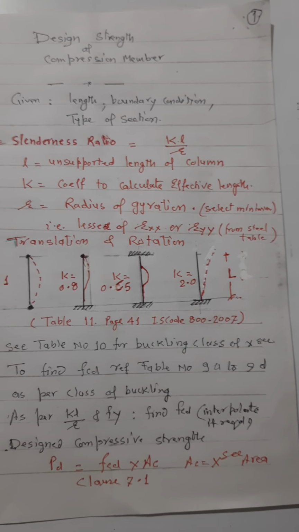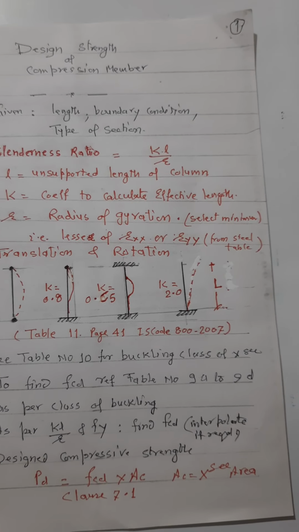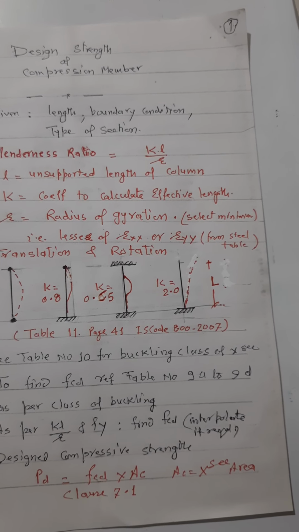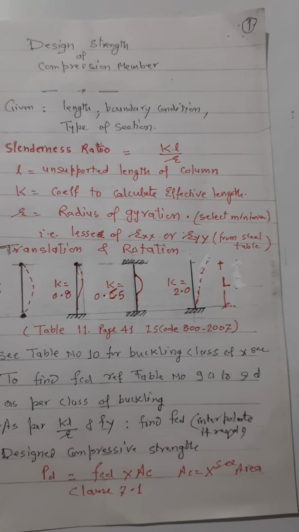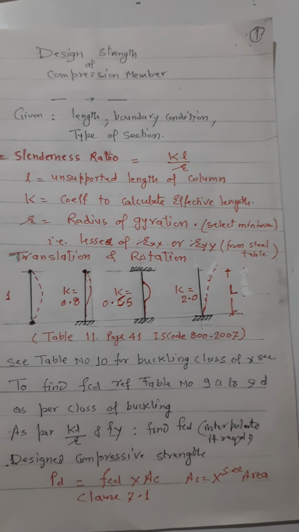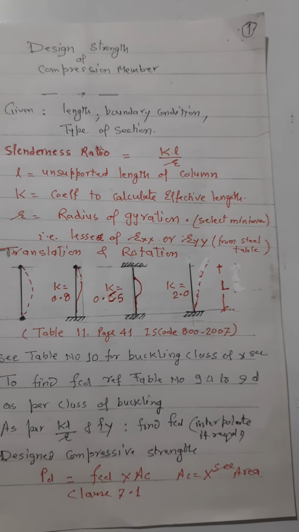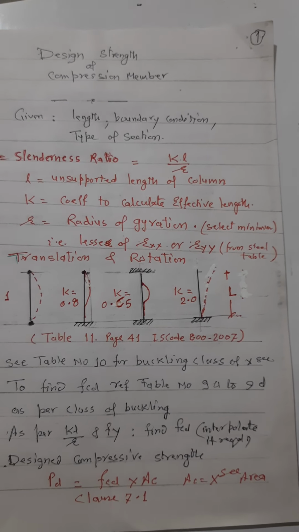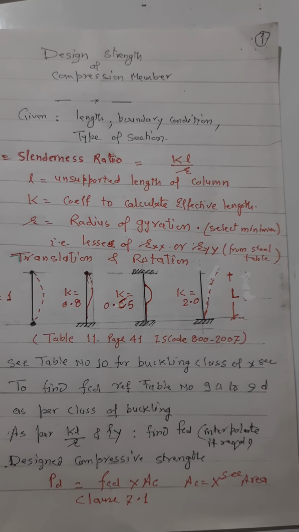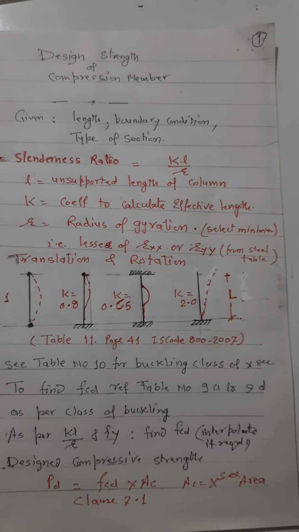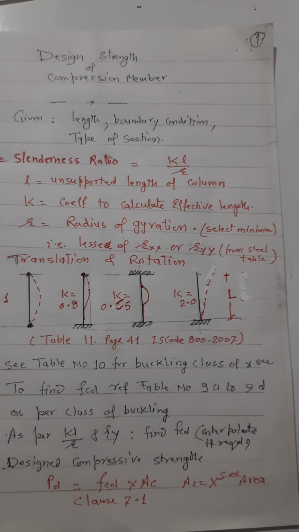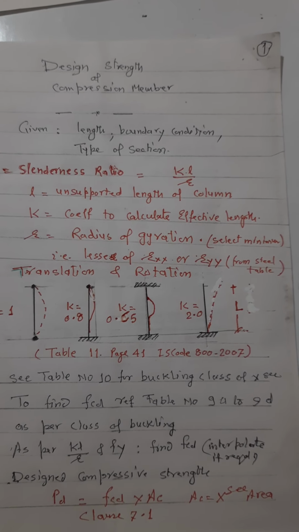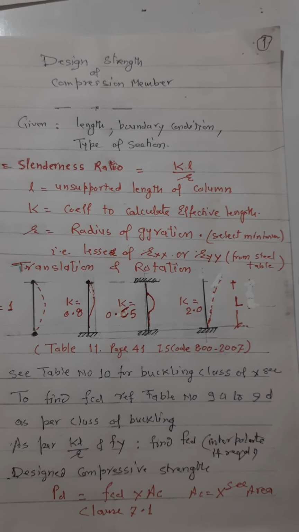If the buckling class is D, then you have to select 9D. If the buckling class is C, then you have to select 9C. Similarly, A and B also. That table has the first column comprising the value of lambda, that is the slenderness ratio, and the other columns give a series of values of Fy, from start to end.